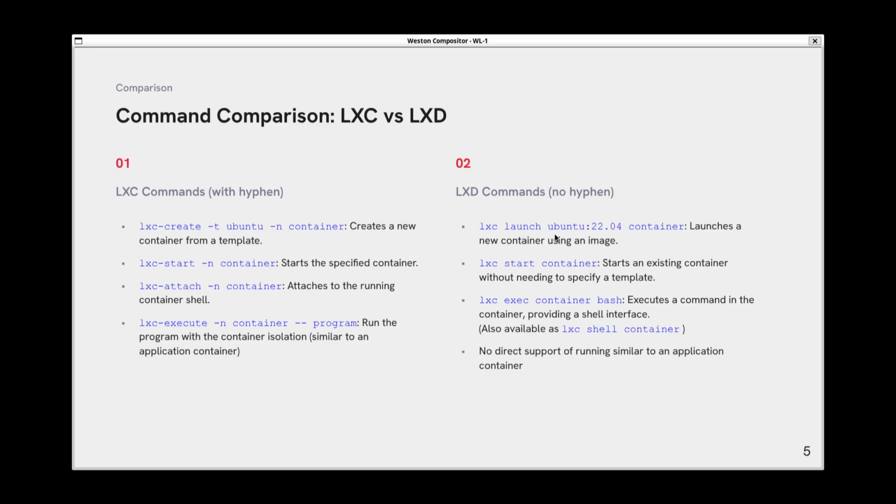In LXD, the corresponding command is LXC launch. Launch is not start. Just consider it as preparing for the runtime. So we download the necessary files, and later we will see that the necessary files include the so-called images, the fundamental images, and preparing some additional spaces for runtime, read and write.